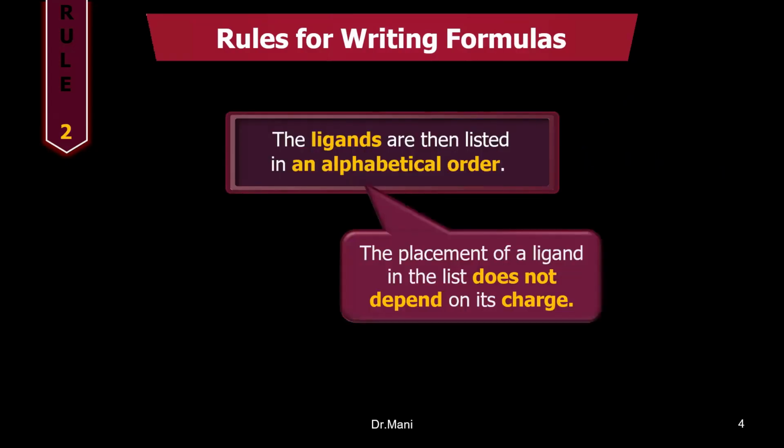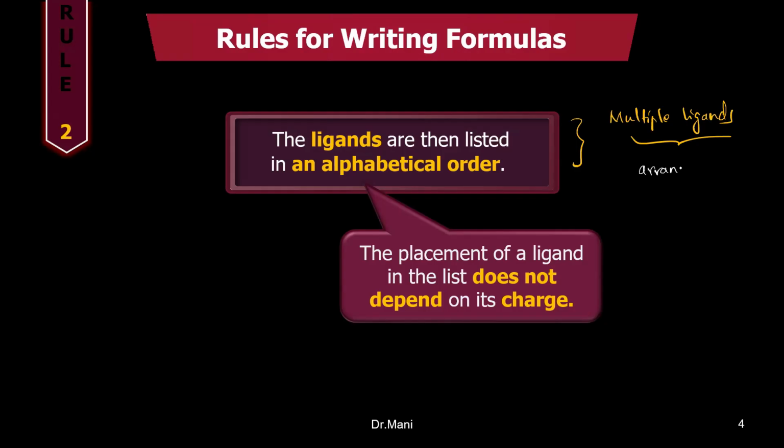So let's go on. Ligands are then listed in alphabetical order, and the placement of a ligand in the list doesn't depend on the charge. When we are writing a chemical formula containing multiple ligands, the first thing we need to do is write them in alphabetical order.